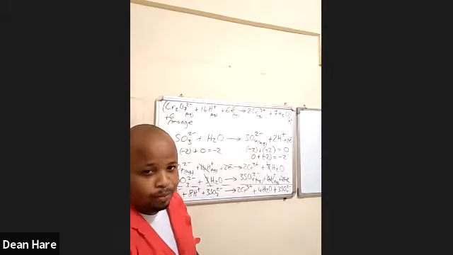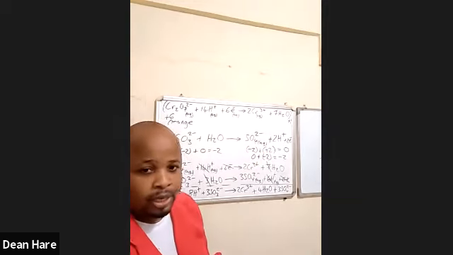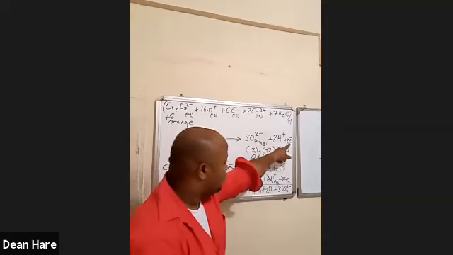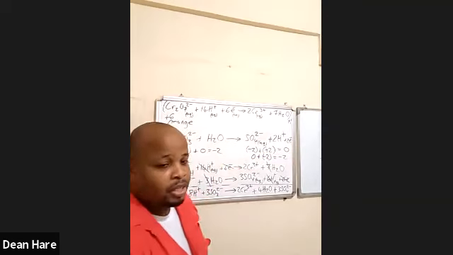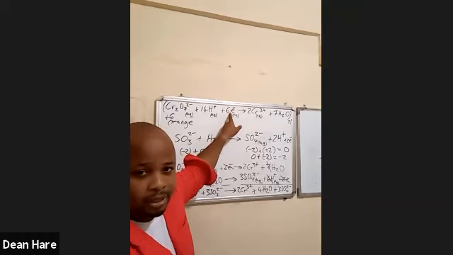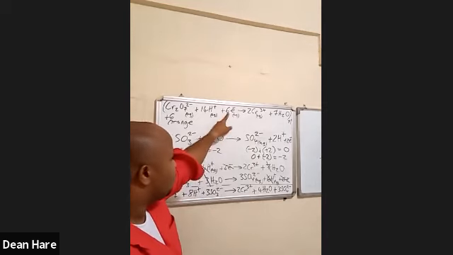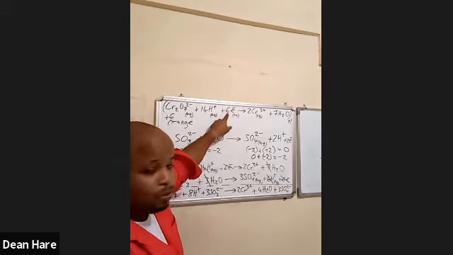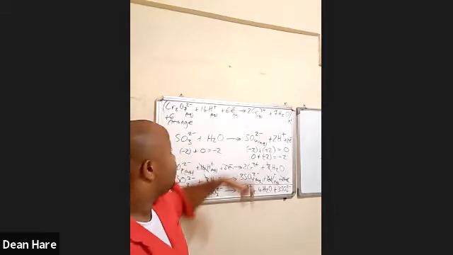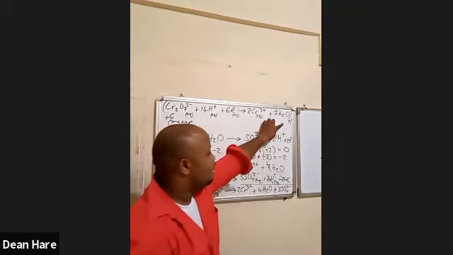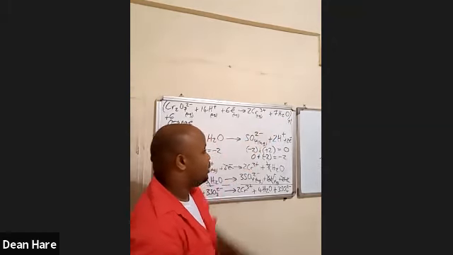And to cancel them, we need to make them equal. You have 6 electrons here, and you have 2 electrons here. So if you multiply this by 3, it will become equal to 6. So you would want this to stay as 6, and that is why we multiply by 1.